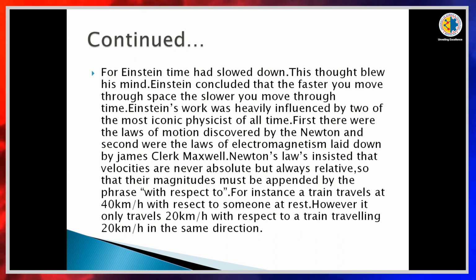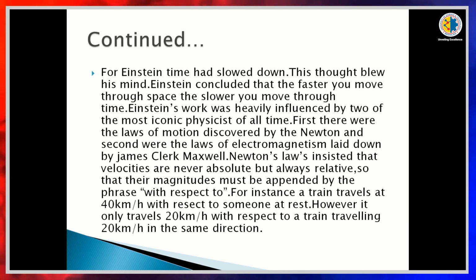Einstein's work was heavily influenced by two of the most iconic physicists of all time. First, there were the laws of motion discovered by Newton, and second, the laws of electromagnetism laid down by James Clerk Maxwell. Newton's laws insisted that velocities are never absolute but always relative, so their magnitude must be appended by the phrase 'with respect to'.